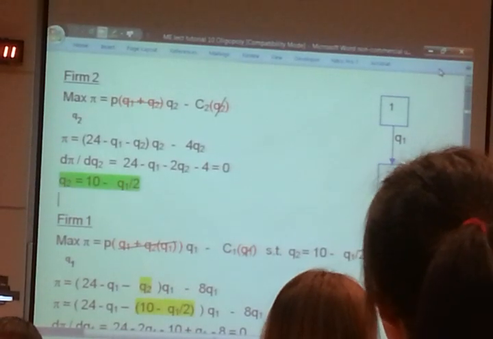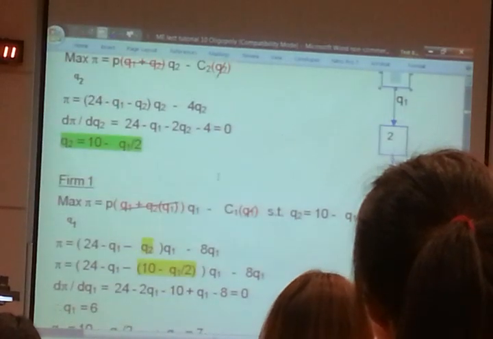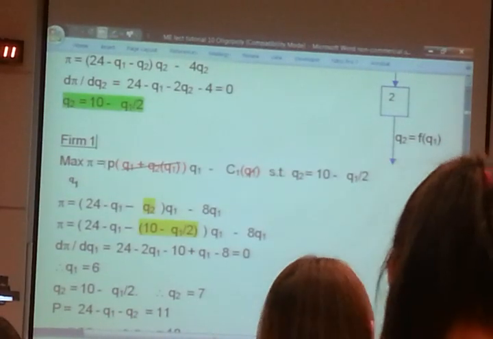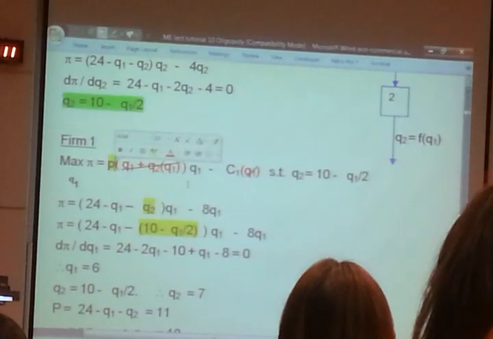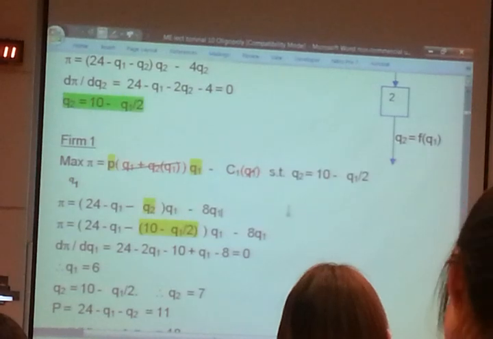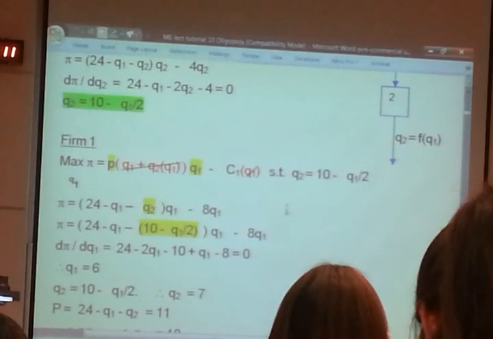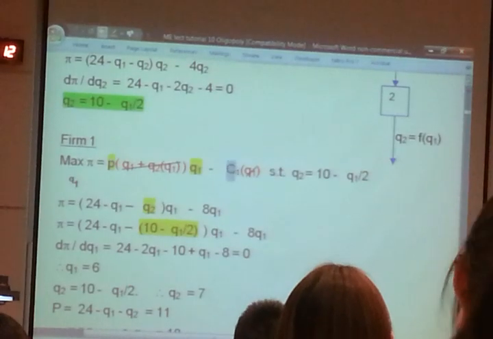Firm 1 is the leader. So he wants to maximize profit as well, which is equal to this times this, right? So the red color stuff, you can put it within all function. So profit is just revenue minus cost.